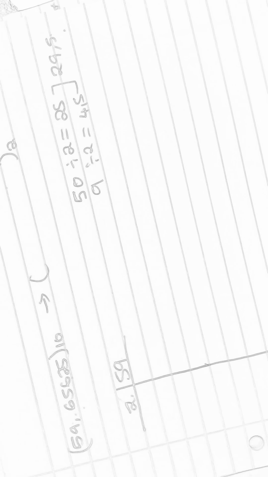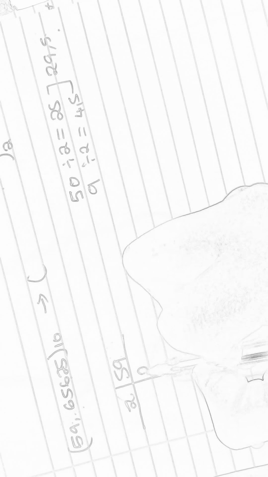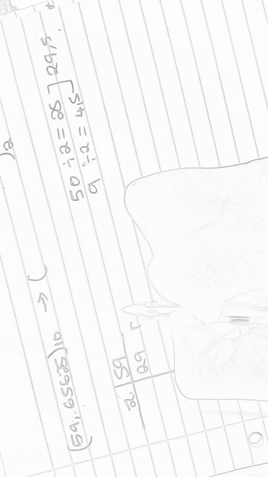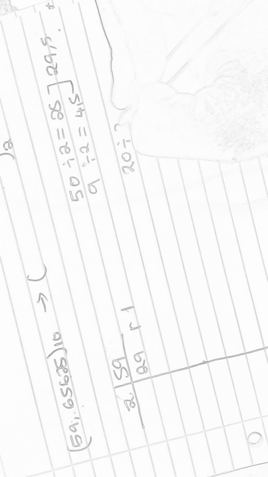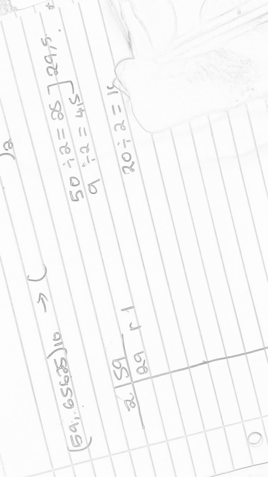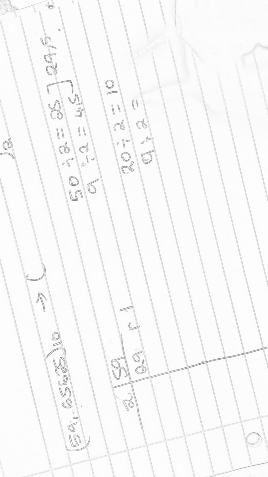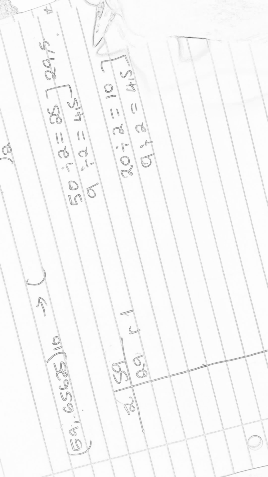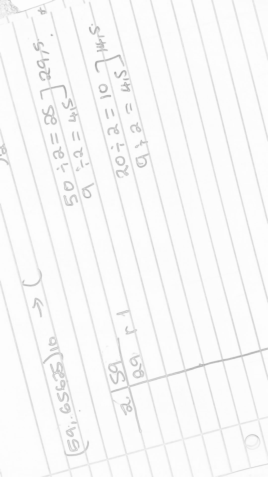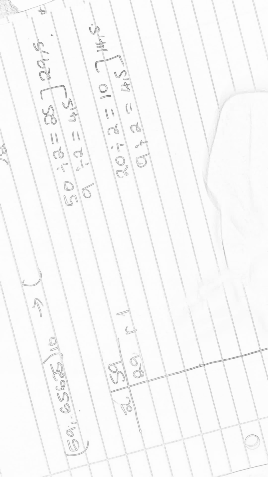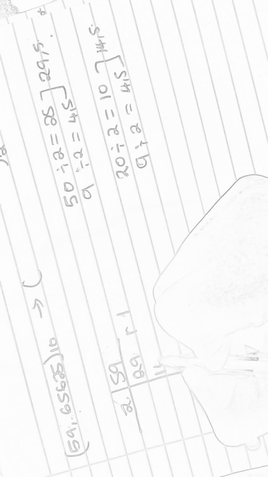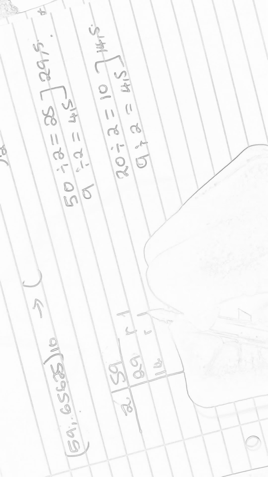So I will record this as 29 remainder 1, and then 20 divided by 2, which is 10, and then again 9 divided by 2, which is 4.5, and then we add the 2, which is 14.5. And then I record this as 14 remainder 1.